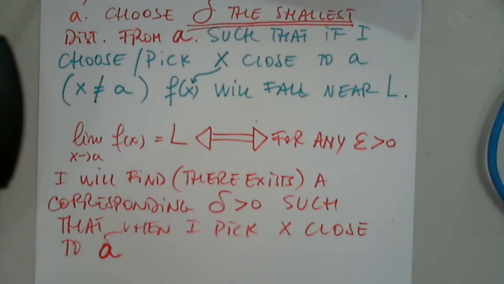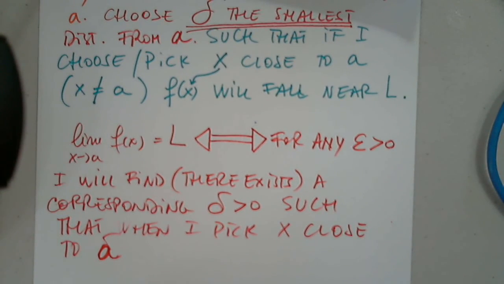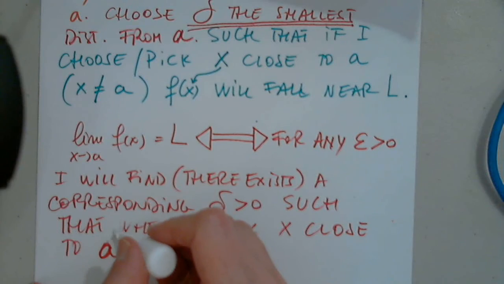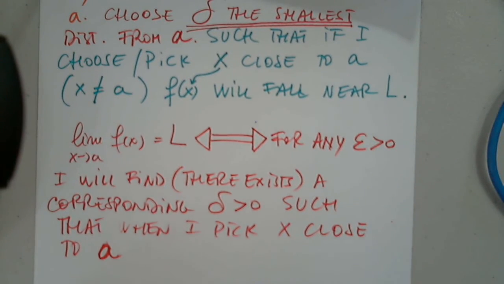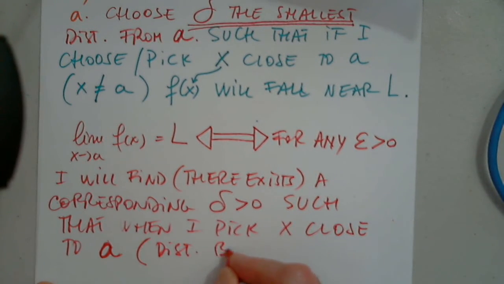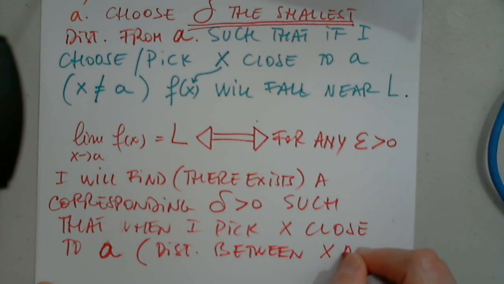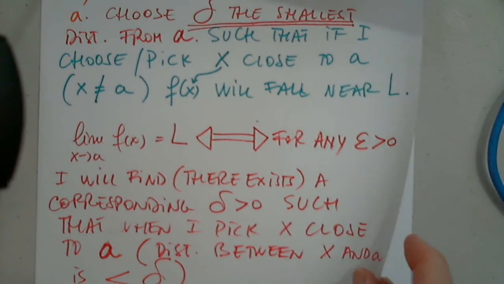And now I wanted to write in parentheses, the distance between x and a is less than delta. And I wrote delta by mistake, sorry. So such that when I pick x close to a, distance between x and a is smaller than delta. And I'll show you how we write that.